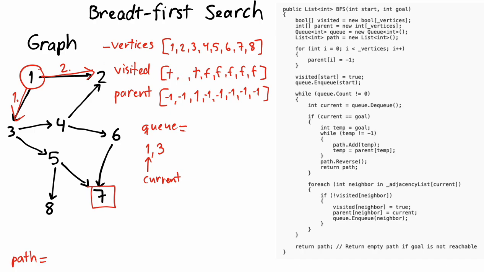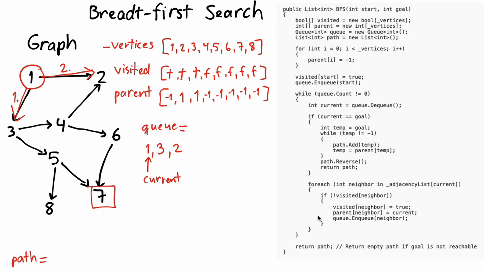Now we have visited on that node, and we set also that the parent is number 1, and after that we add this number 2 to that queue. So here we set number 2.